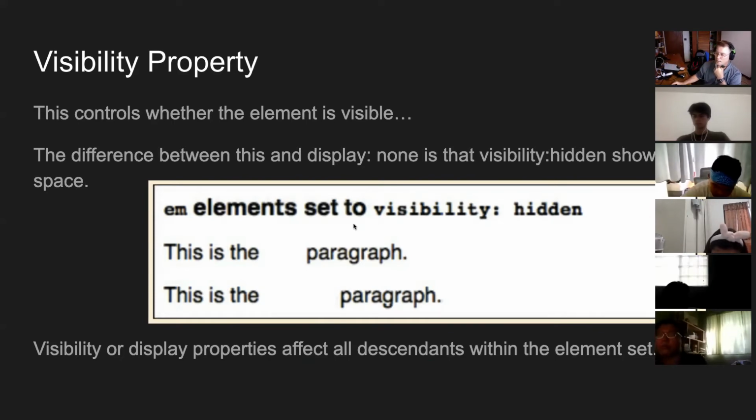So imagine with me that there is an object here that you're saying display none. You can see that the spacing is actually smaller than here where the visibility property is used. So visibility hidden on an EM element still keeps the same spacing. It's just that it doesn't show it.